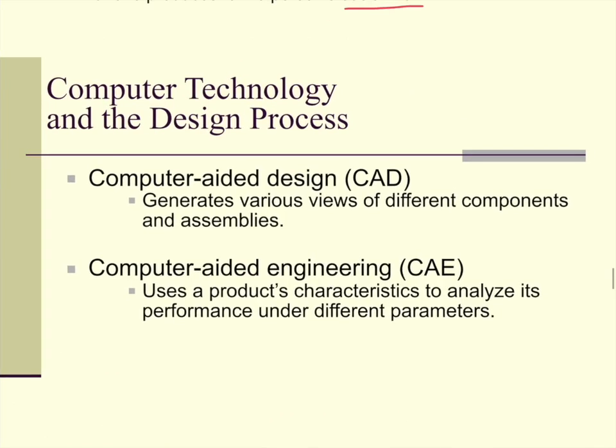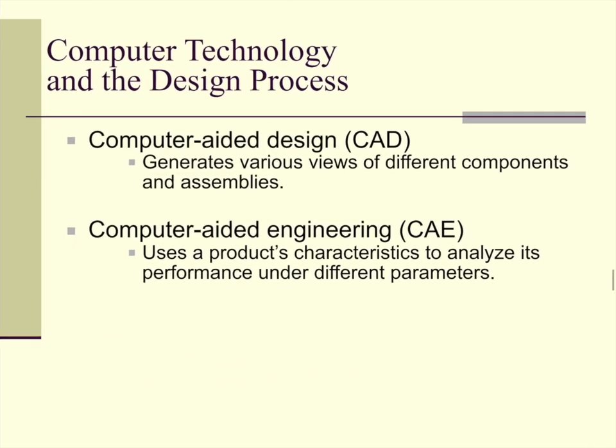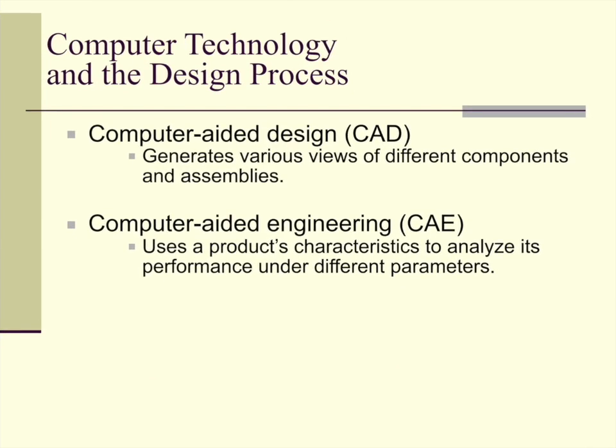And then the computer technology and the design process. Maybe in the modern company they use modern tools. For example, in computer technology, they can use computer-aided design, or CAD, or computer-aided engineering.